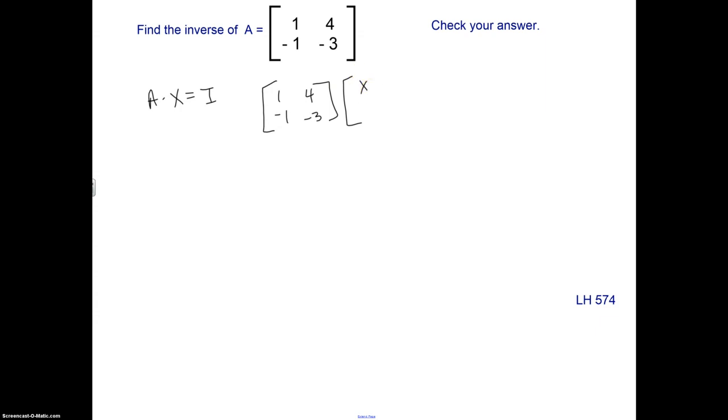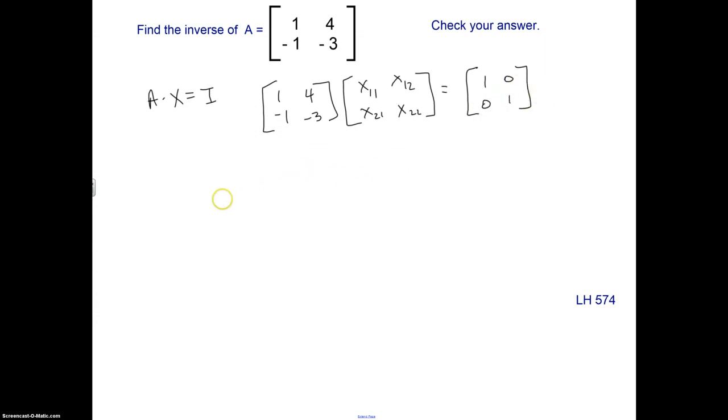This is X sub 1,1, X sub 2,1, X sub 1,2, X sub 2,2, which is row 1 column 1, row 1 column 2, row 2 column 1, and row 2 column 2. And that would have to equal an identity matrix, which is just going to be this.